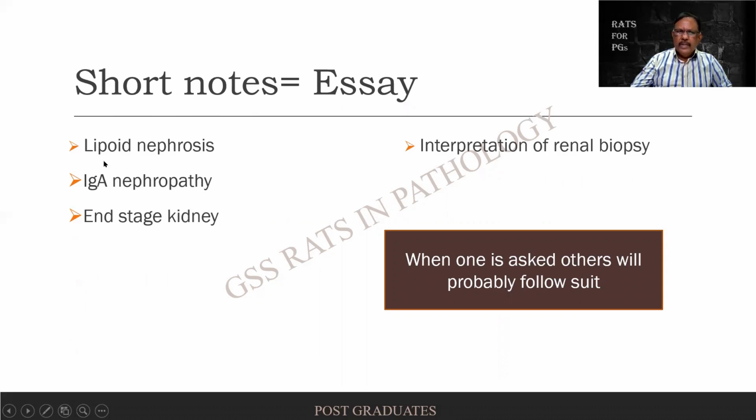And always remember, when lipoid nephrosis is a question, it doesn't mean that you should not be asked membranoproliferative disorder. Therefore, when one is asked, you'll have to read the rest. Air embolism is a question. That doesn't mean fat embolism should not be asked. Once embolism is a question, you will have to read the entire lot of it.